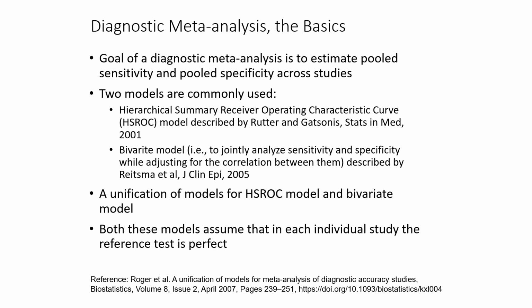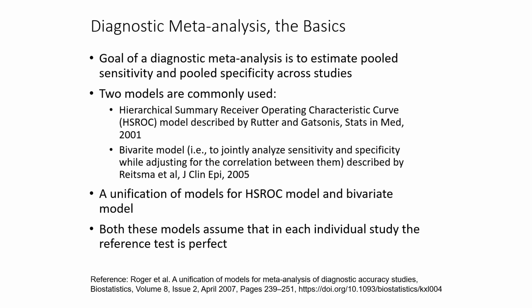Meta-analysis results are often used as model inputs in the economic analysis. There are two commonly used diagnostic meta-analysis models, the HSROC model and the bivariate model. When not including study-level covariates, mathematically the two models are equivalent. They are different parameterizations of the same model.